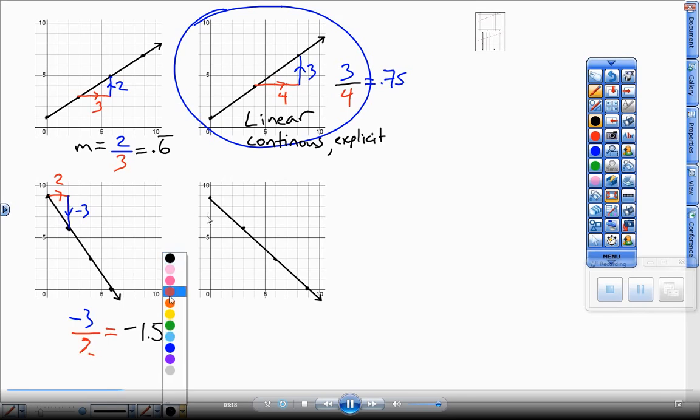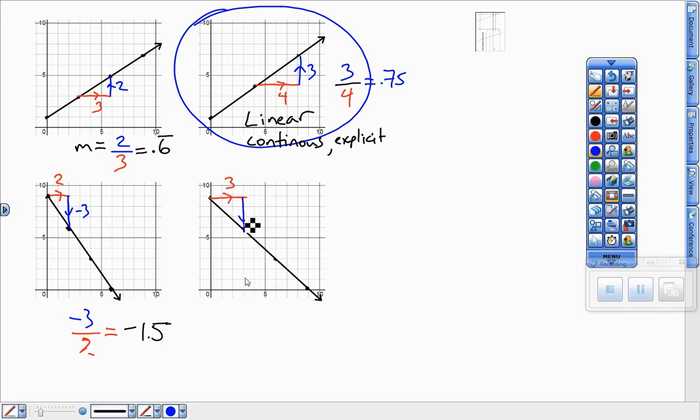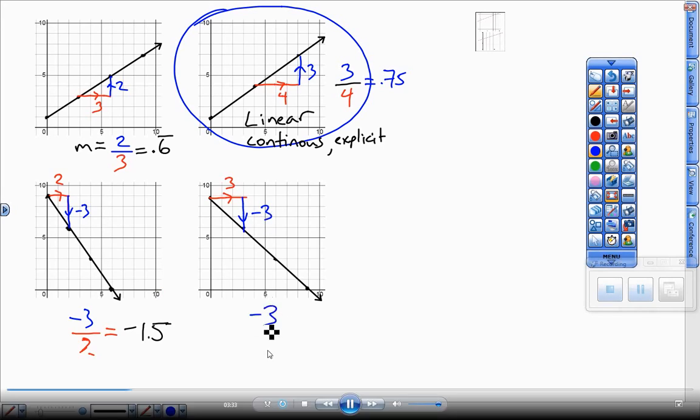My other graph, to connect these 2 points, I'm going right 3, down 3. If I write that the correct way, it's going to be negative 3 over 3. And that reduces to negative 1. And you can see negative 1.5 is steeper, is going down faster. Going over one box, but going down 1.5 versus going over one box and down one, this is steeper.